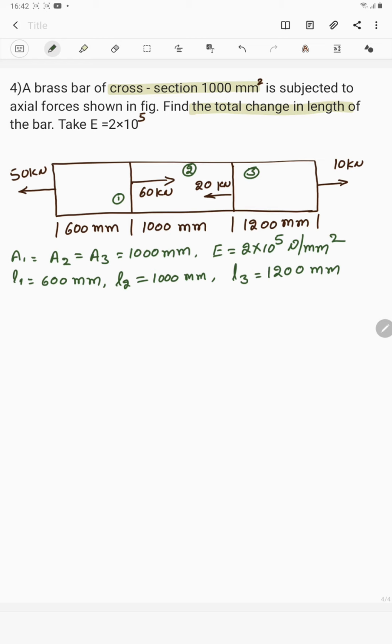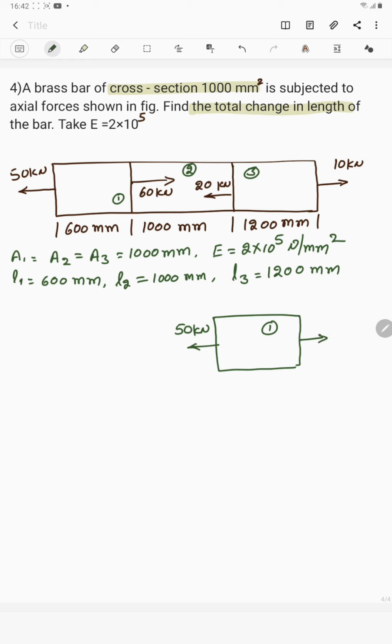Let us solve the problem. Total change in length delta L equal to delta L1 plus delta L2 plus delta L3. For that, let us take section 1. The load in the left end is 50 kilonewtons.